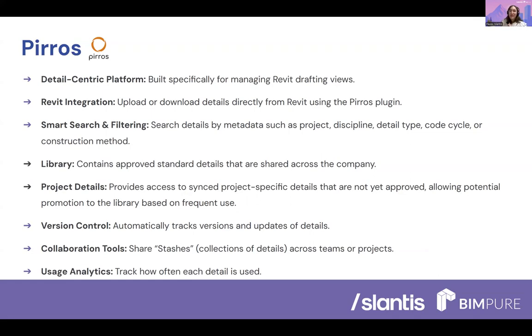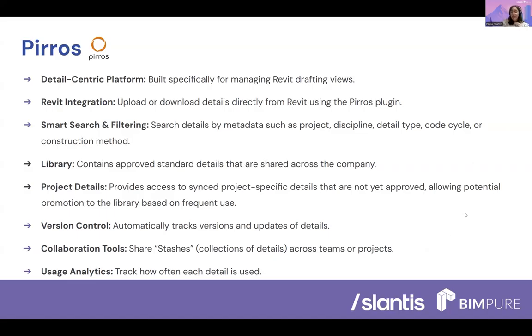It uses AI to read the information on details, so they are really easy to find, and you can track every detail that is being used and which project it is being harvested from, so you can have a lot of information regarding those.